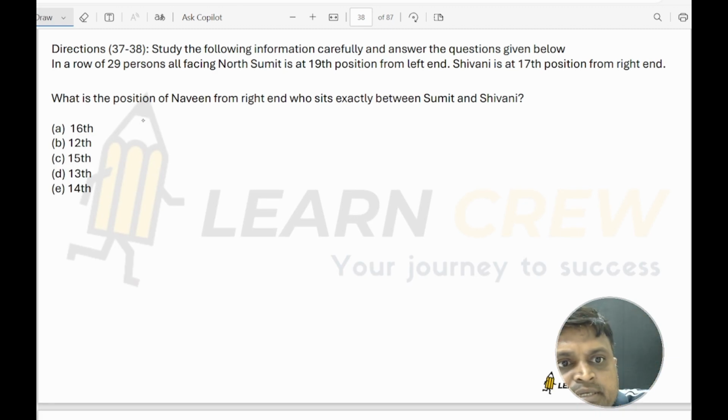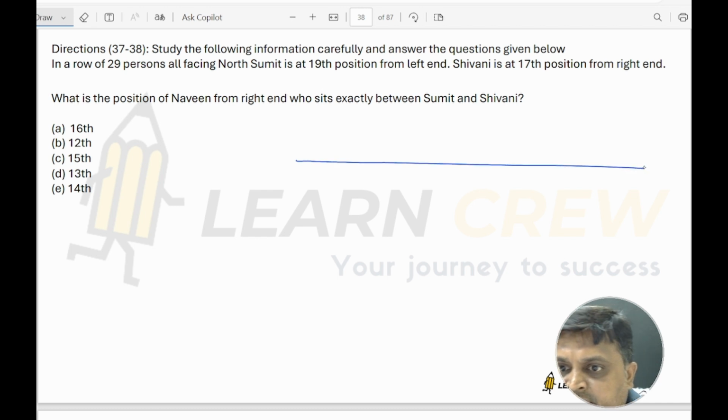Next. In a row of 29 persons, all facing north, Sumit is at 19th position from left. Shivani is 17th position from right. What is the position of Naveen from right end, who sits exactly between Sumit and Shivani?